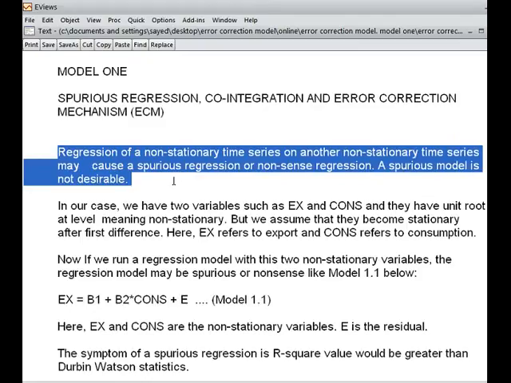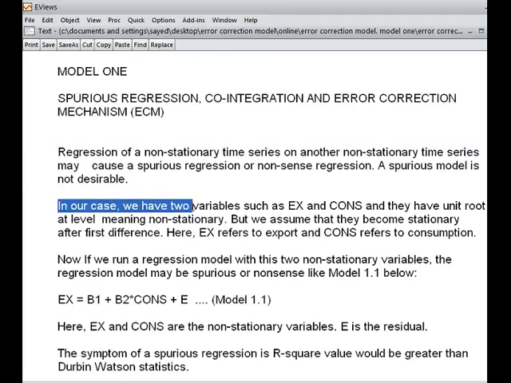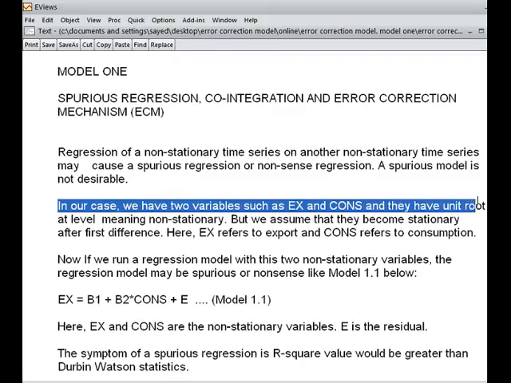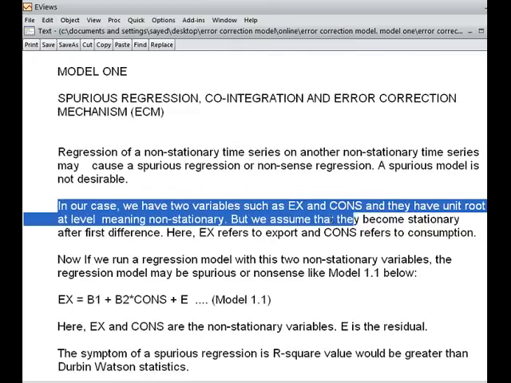Okay, here we talk about our model. In our case, we have two variables such as ex and cons, and they have unit root at a level, meaning non-stationary.